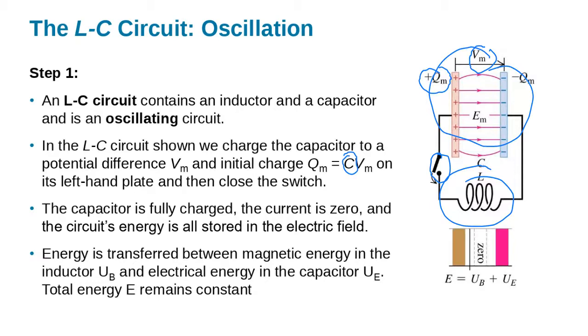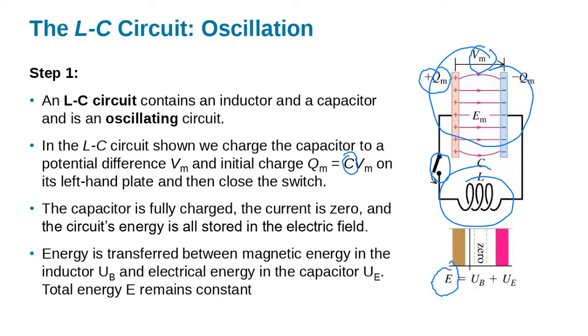So we start off with 0 current. The capacitor is charged and there's no current flowing in the circuit, and all the energy is stored in the electric field in the capacitor. Down here we've got a little bar chart showing the energy. This brown bar is the total energy in the circuit.